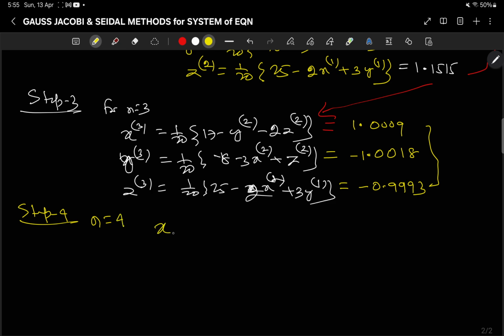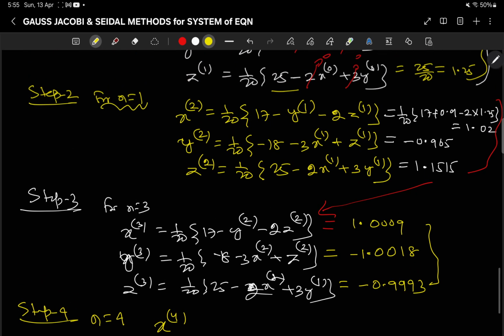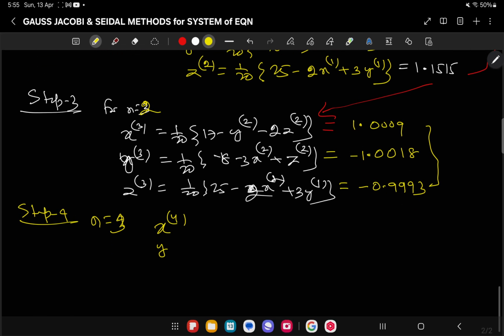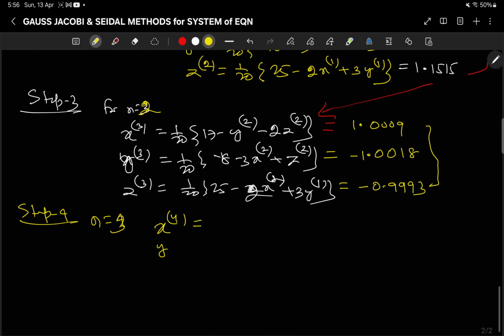We find here similarly x4 and y, just one second, n is equal to 3 here, x4 will be likewise here 1 by 20, 17 minus y from this third step, 2 times z from the third step.